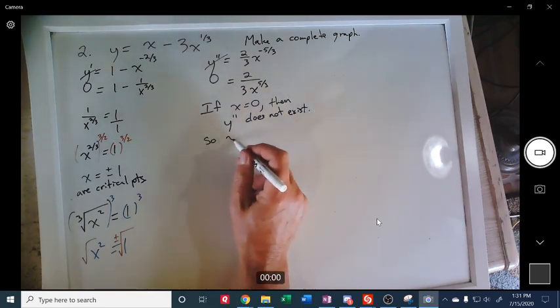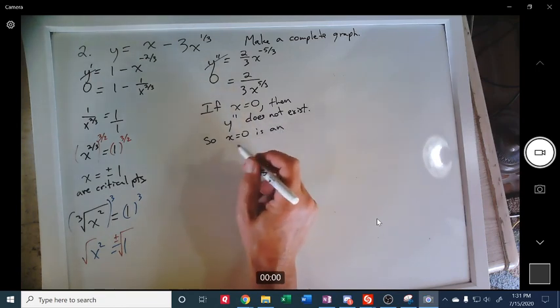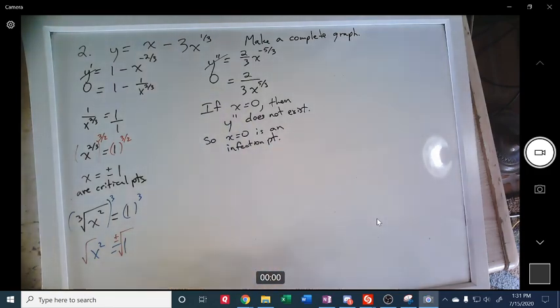So x equals 0 is an inflection point. If it causes the first derivative or the second derivative to not exist, it's got to be considered either a critical point or an inflection point.